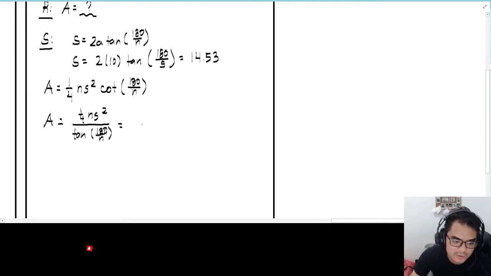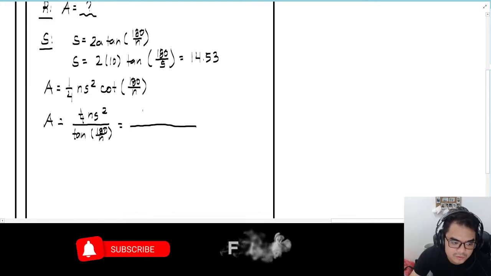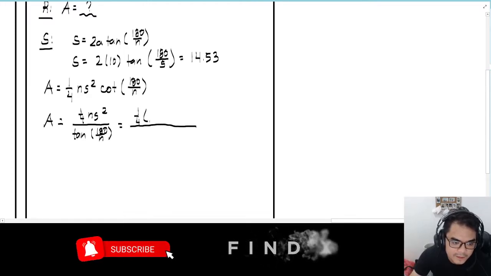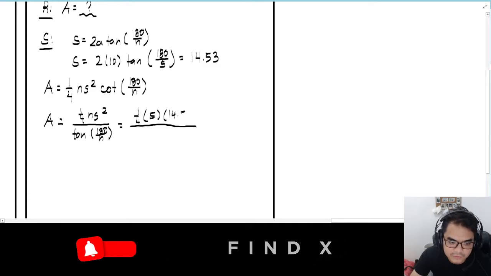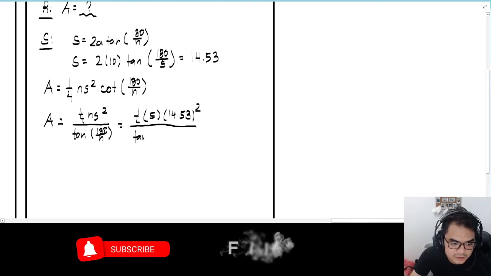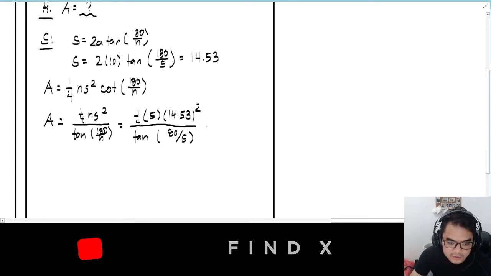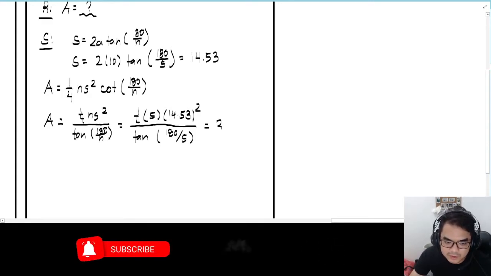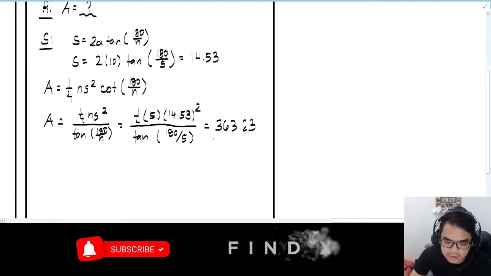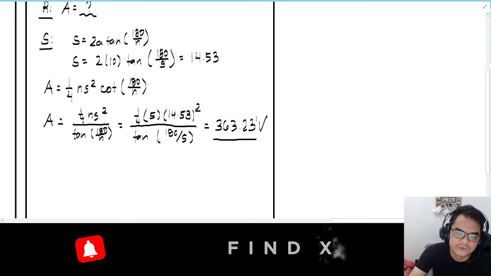Then all you have to do is substitute the values: 1/4 times the number of sides n, which is 5, times s, which is 14.53. Don't forget the squared, all over tangent of 180 over n, where n is 5. Using your calculator again, the answer is 363.23. So this will become your final answer.